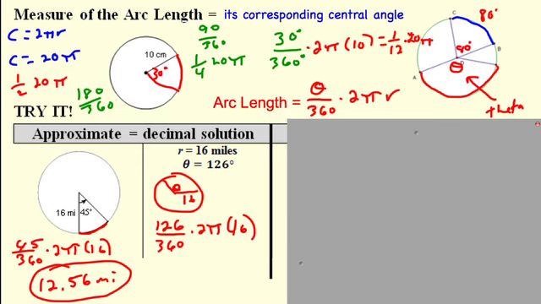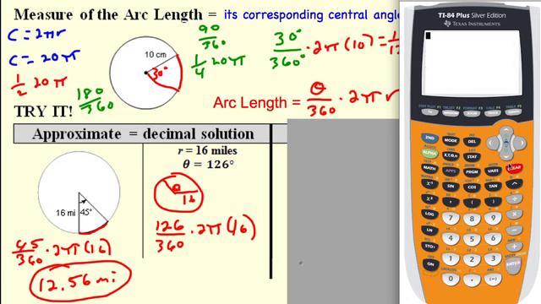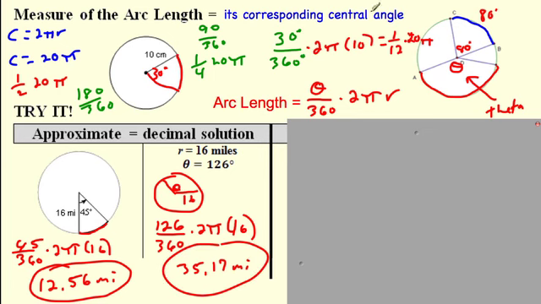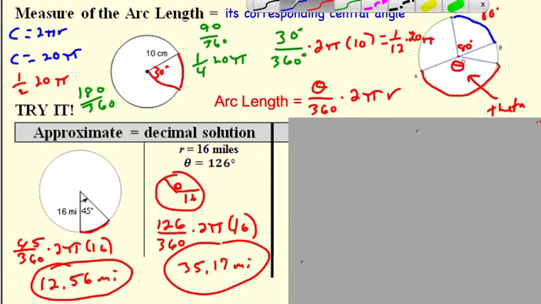Let's multiply it out: 126 divided by 360, times 2, times pi, times r. We get 35.16, and I'm going to round that up to 35.17. It was in miles as well. So we're physically finding the distance from here to here.